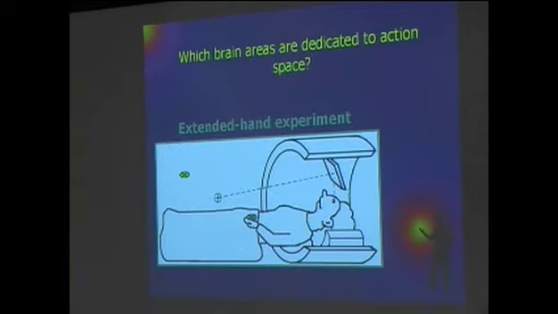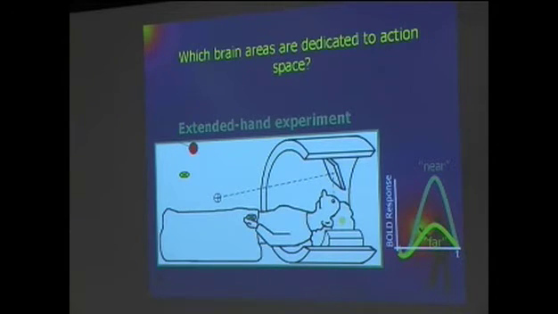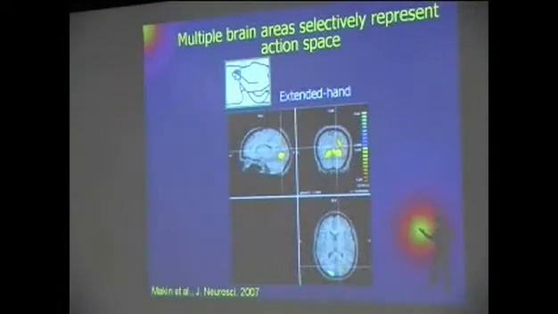And what I do is present to them these balls that I bounce around in one of two targets, either near to their hand or further from their hand. And all I have to do now is find which areas in the brain respond most strongly to the ball when it is near the hand within action space, compared to the second position of the ball, which is far away and out of action space.